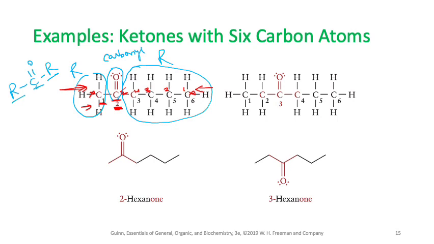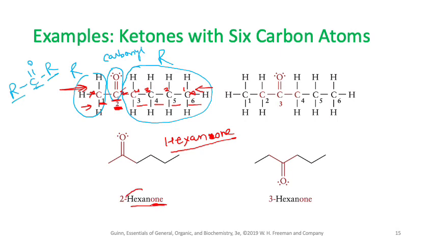That's why the numbering is 1 2 3 4 5 6. We have 6 carbons, which is hexane. But since this is a ketone, the ending will be O-N-E. Instead of replacing the E with O-N-E, that's why the name is hexanone, hexane-one.